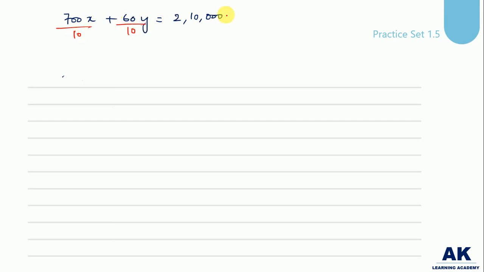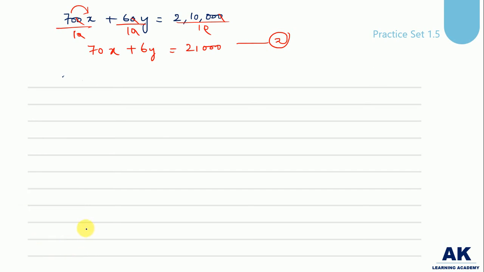So 0 and 0 get cancelled, 0 and 0 get cancelled, here 0 and 0 get cancelled. So we are left with 70 into x, which is 70x, plus 6 into y, it is 6y, which is equal to 21 and 3 zeros. Let's call this equation number 2. All right.